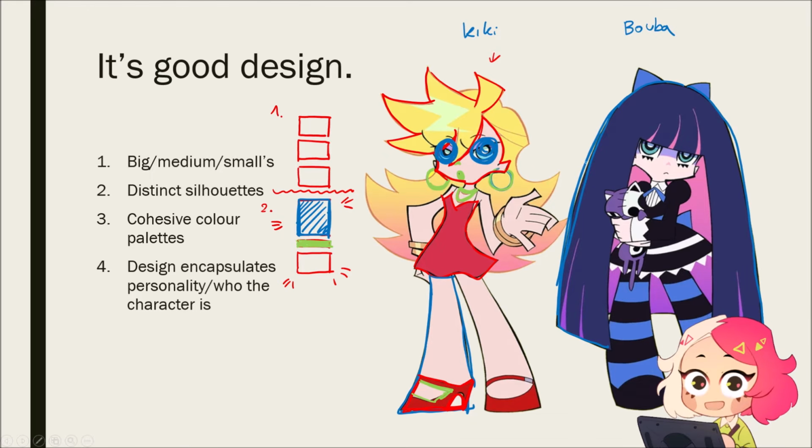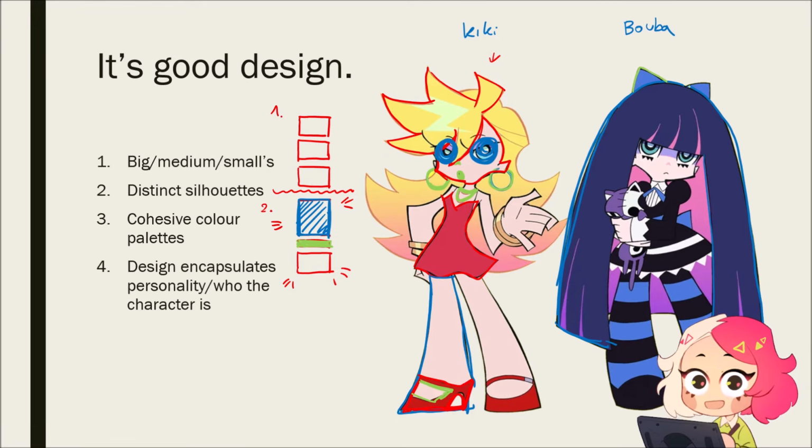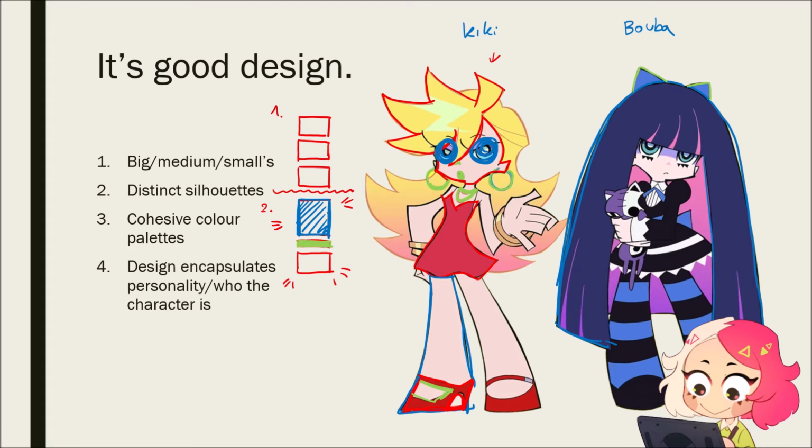So anyway, big shape, that encapsulates the character. But then we will have things that are arguably small or medium. It doesn't matter how we call these, but there is a variety within the form here.